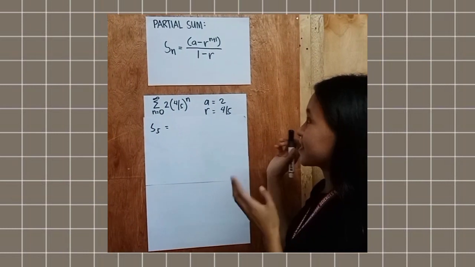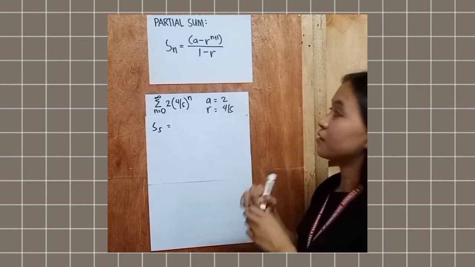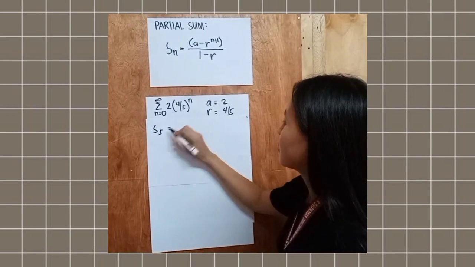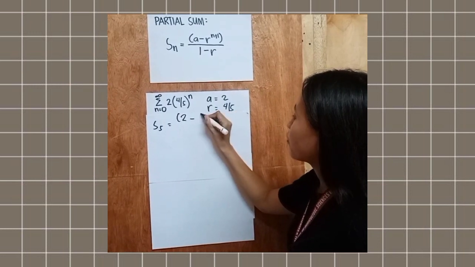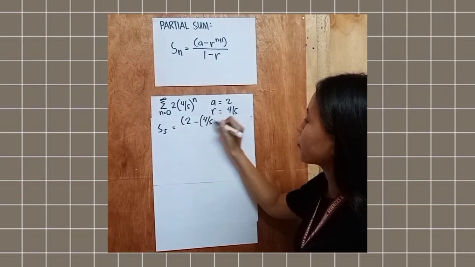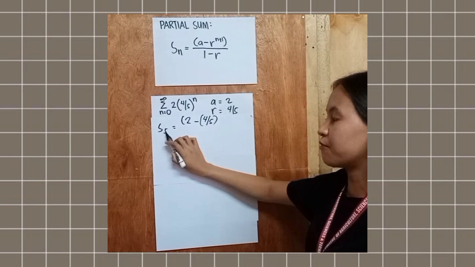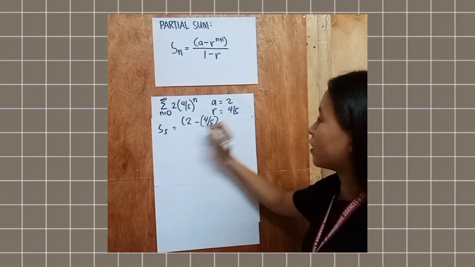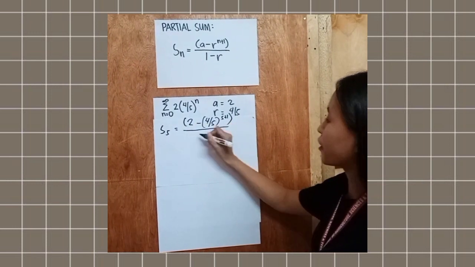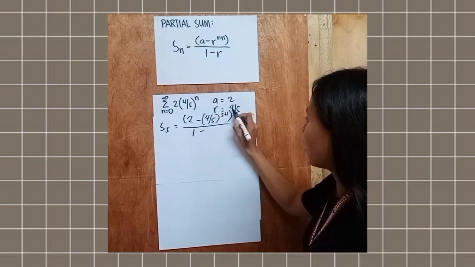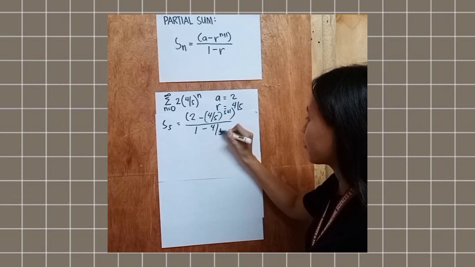So, let's substitute into the formula for the partial sum. Our A is 2 times 1 minus 4 over 5 raised to the power of, since we are finding 5, 5 plus 1, all over 1 minus our R, which is 4 over 5.